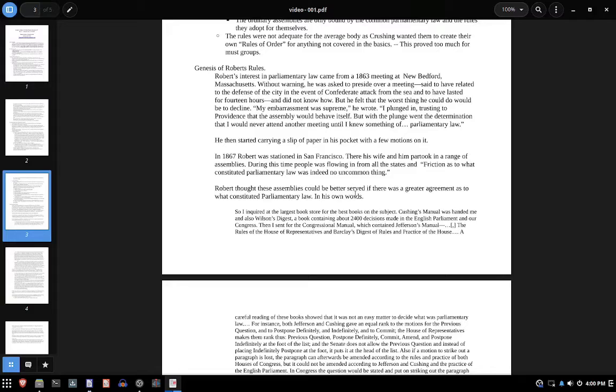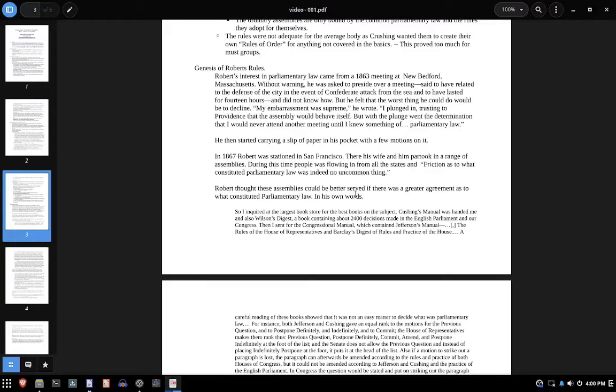And he noticed as people started flowing in, and as Cushing pointed out, a lot of these bodies used their own state's modifications of parliamentary law, that people were arguing more over what was parliamentary law than what wasn't.